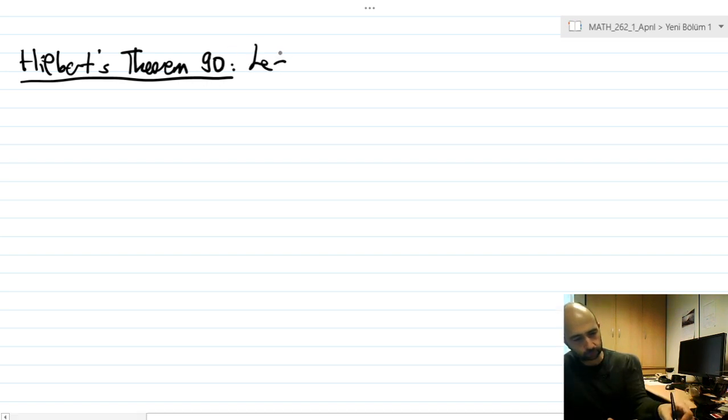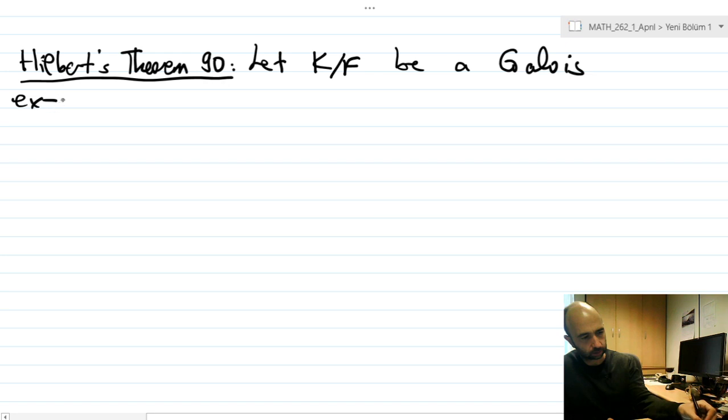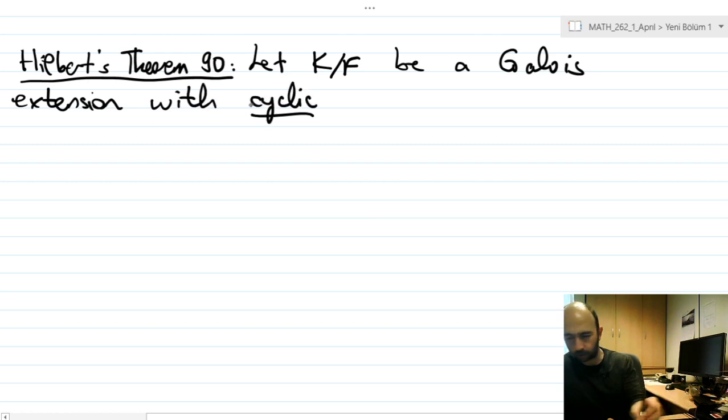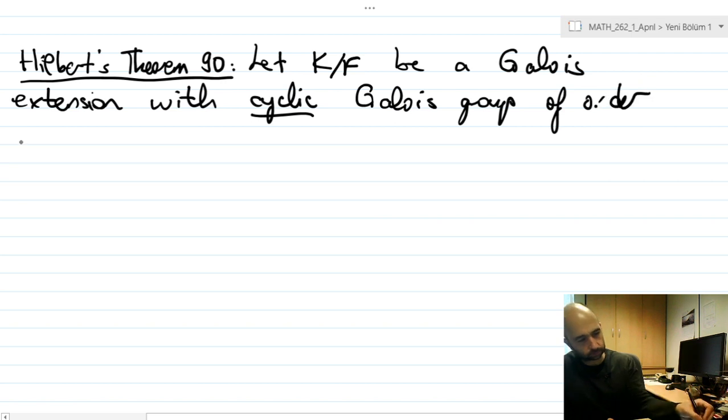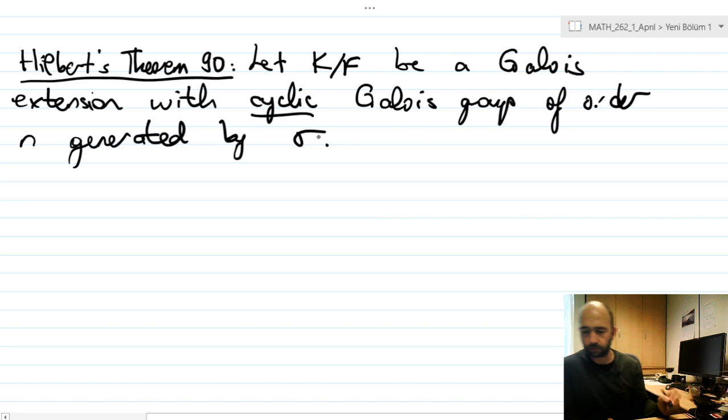So say K over F is a Galois extension with cyclic Galois group of order n, generated by sigma. So the group is Z over nZ and sigma is a generator.